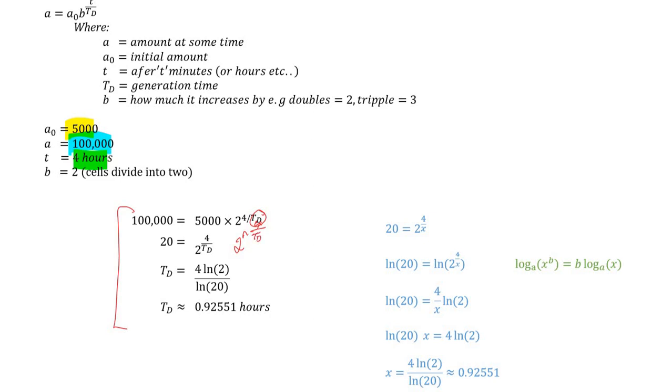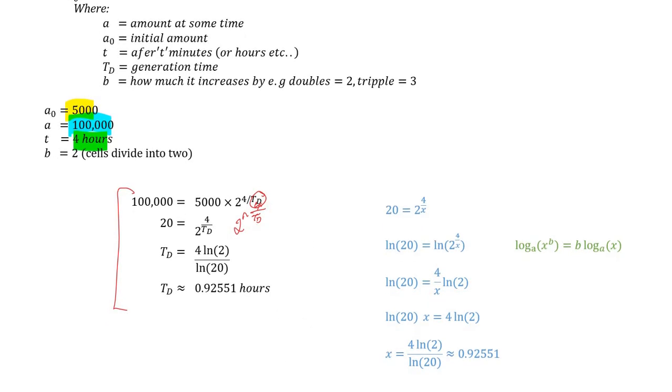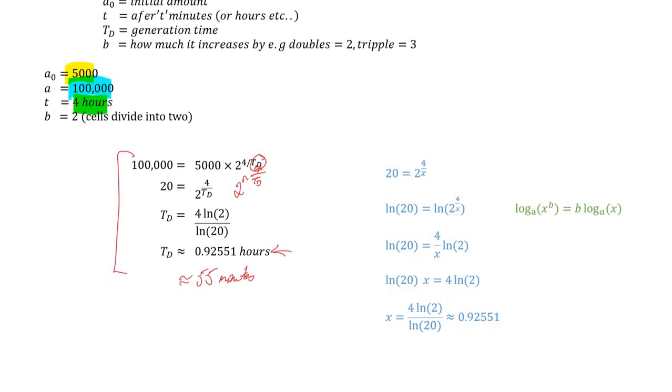And we use our log laws to determine that TD equals 4 times log natural 20 over log natural 2, which approximately equals 0.92551 hours. Remember, that's in hours. Depending on the question, you might need to find it in minutes, and I think that's approximately 55 minutes. Be very aware of the units. Be very aware of units.